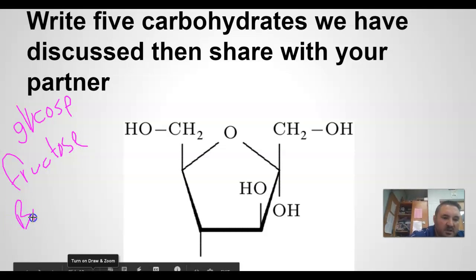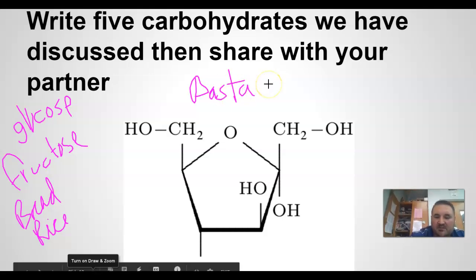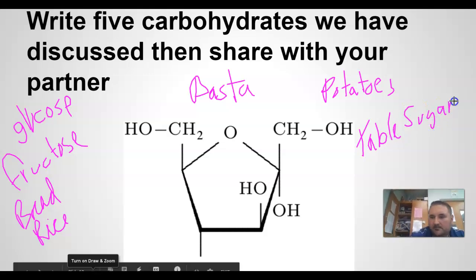You could say bread, rice, pasta, potatoes, table sugar, wheat. Cereal is a great source of carbohydrates. All of these are parts of your carbs.